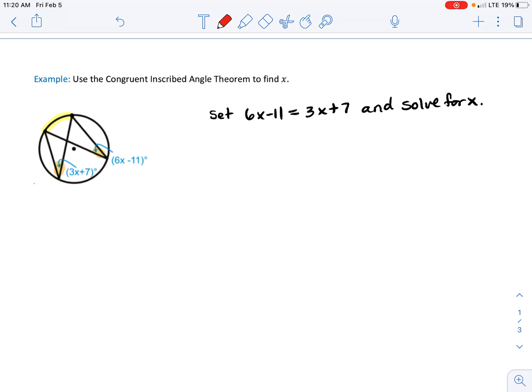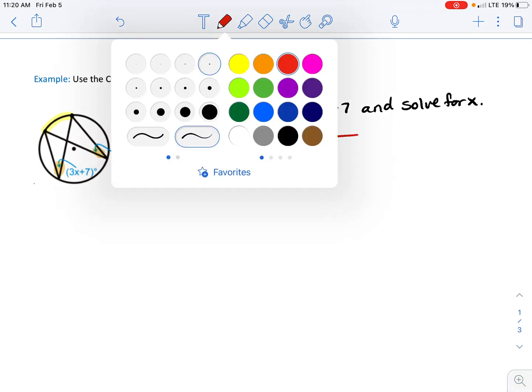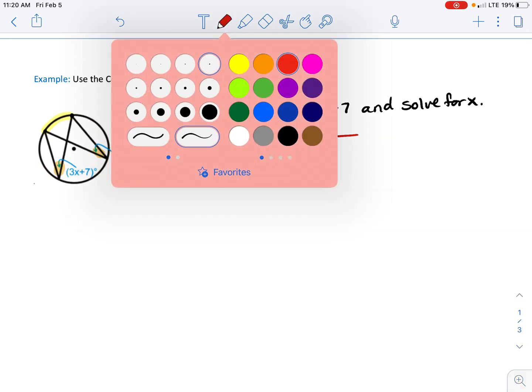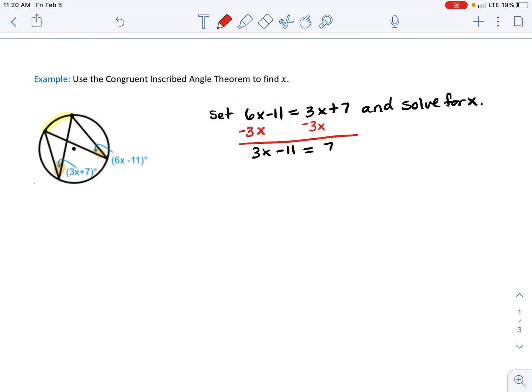So first, I'm going to bring all the x terms to the left by subtracting 3x from both sides. And so what I'm left with here is 3x minus 11 is equal to 0 plus 7, which is just 7. And then now I want to bring this 11 that's on the left-hand side to the other side.